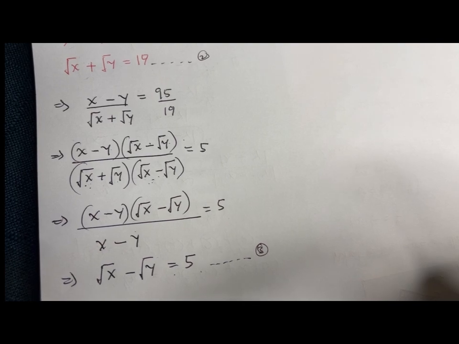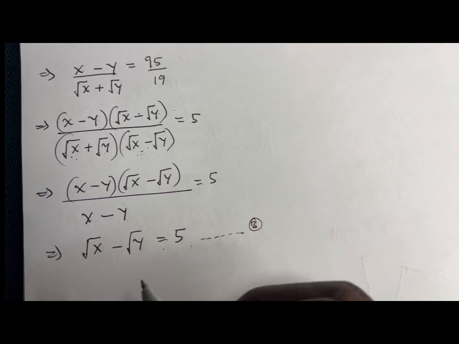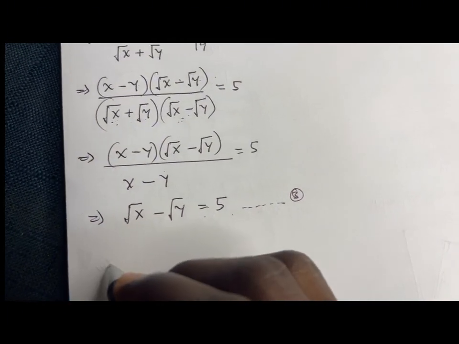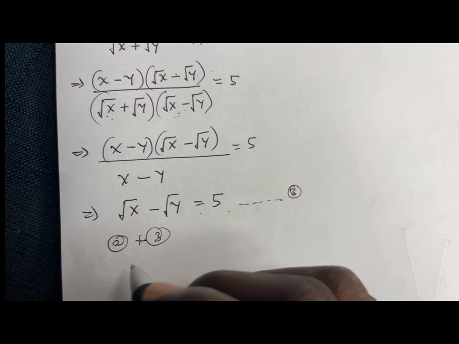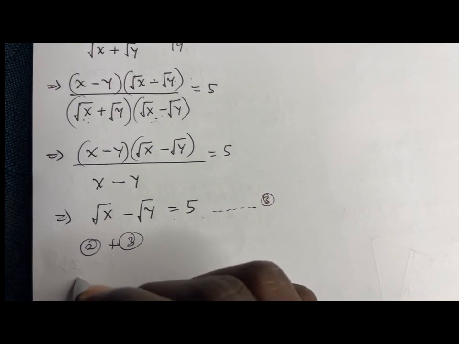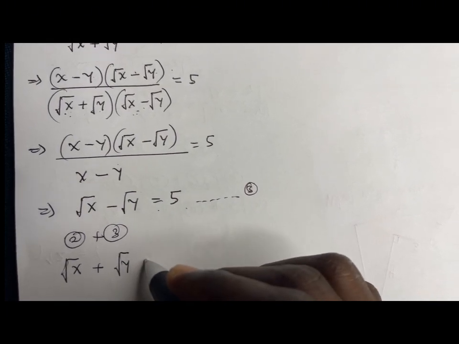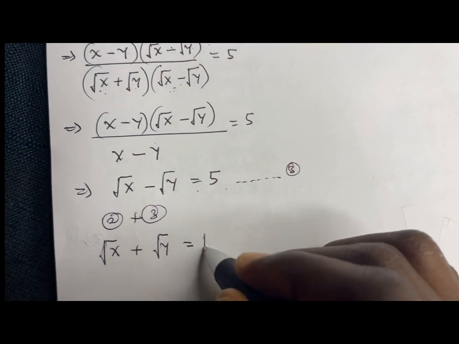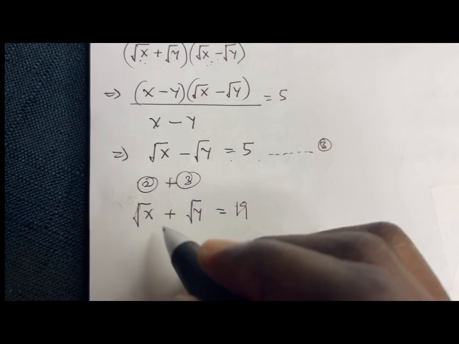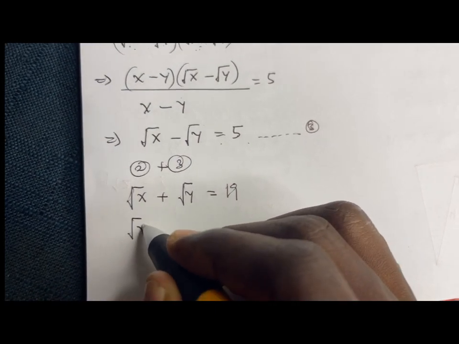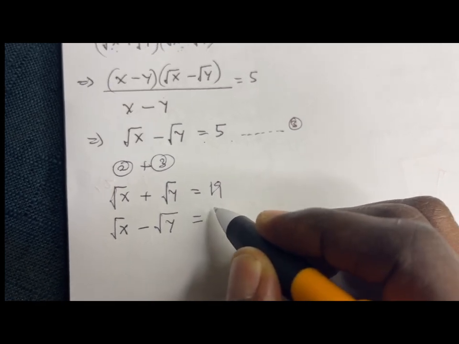I will add equation 2 plus equation 3. So we have the root of x plus the root of y equals 19. Then the third equation, the root of x minus the root of y equals 5.